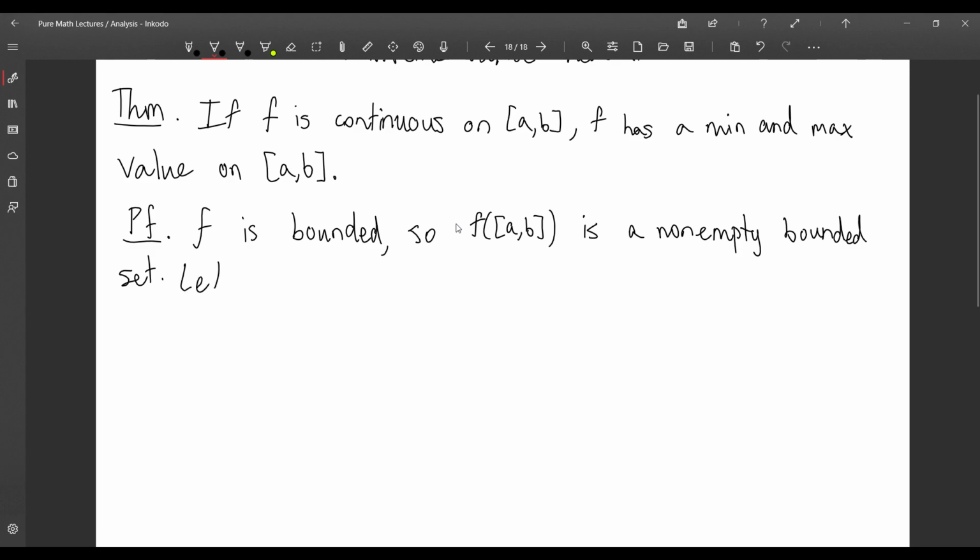Then let M be, okay, so we're going to work with the maximum value first. The minimum value is similar, you just flip some inequalities. So we're going to let M be the supremum of this set.